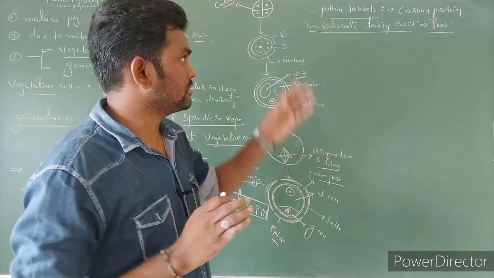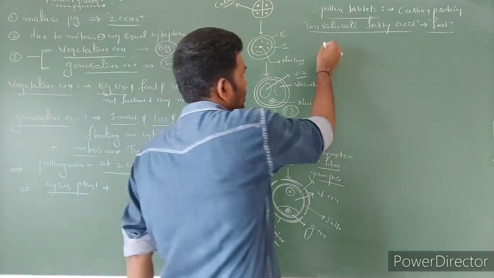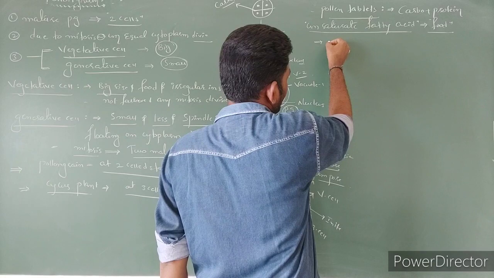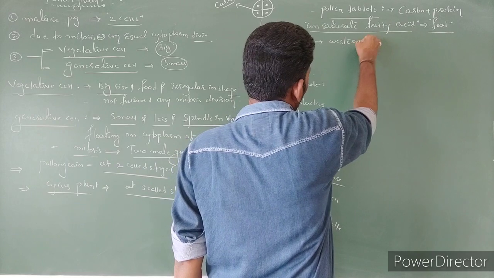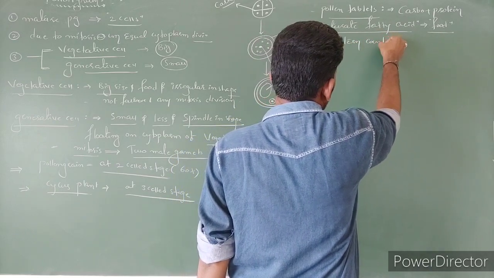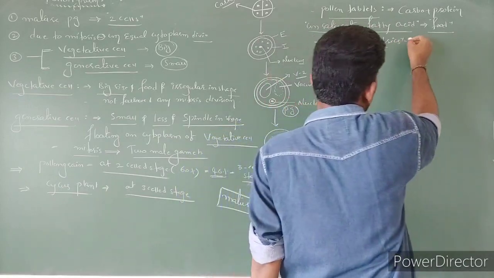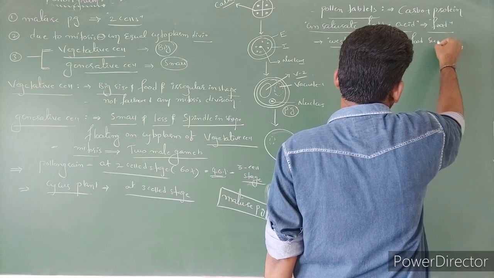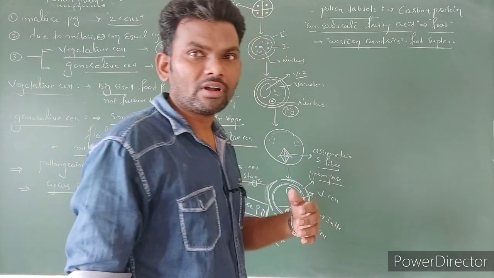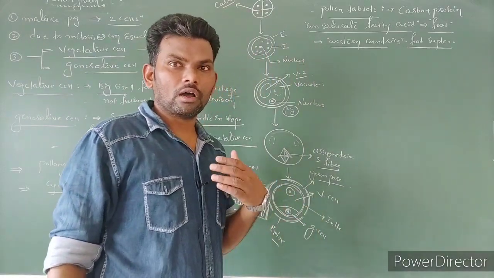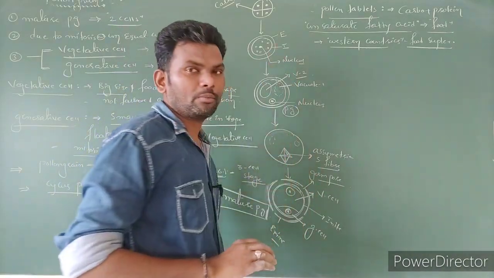So the point to write here: the pollen tablets and pollen syrups available in Western countries are used as a food supplement, and also to increase the performance of athletes and horse race. This is one advantage of pollen grains.